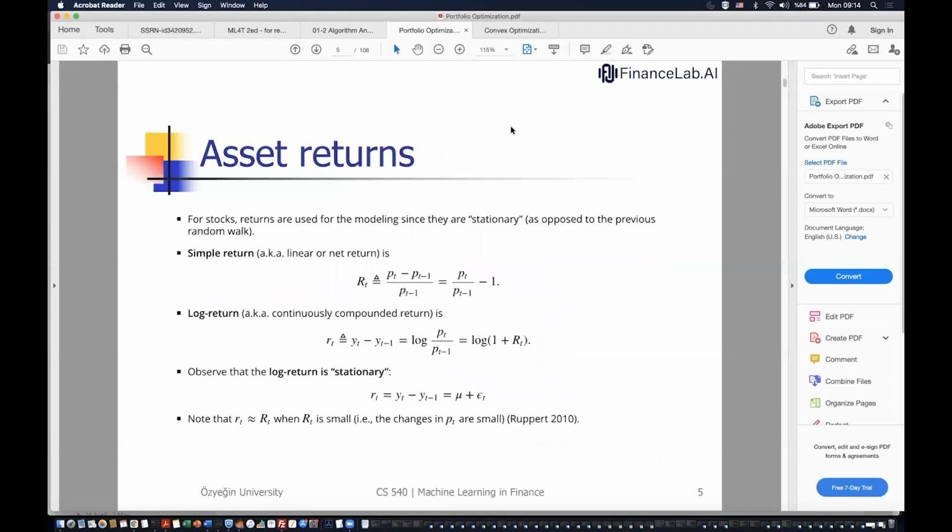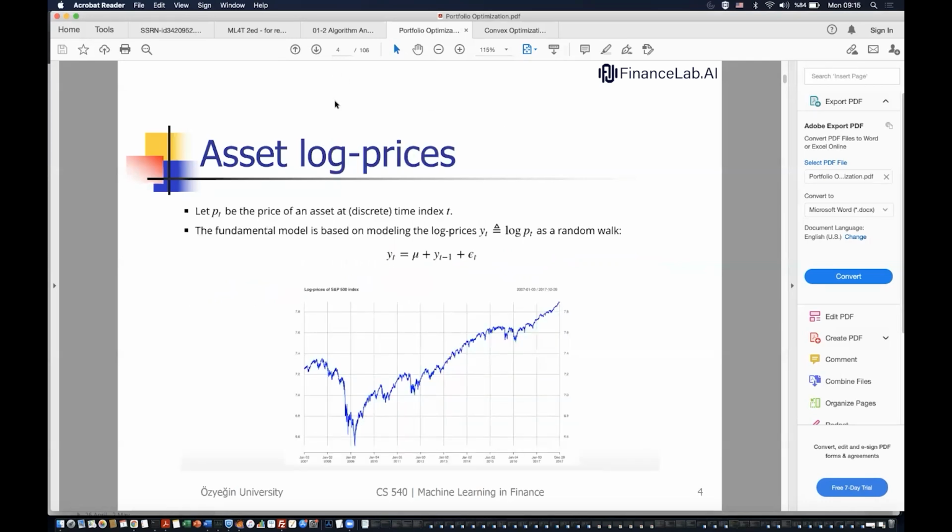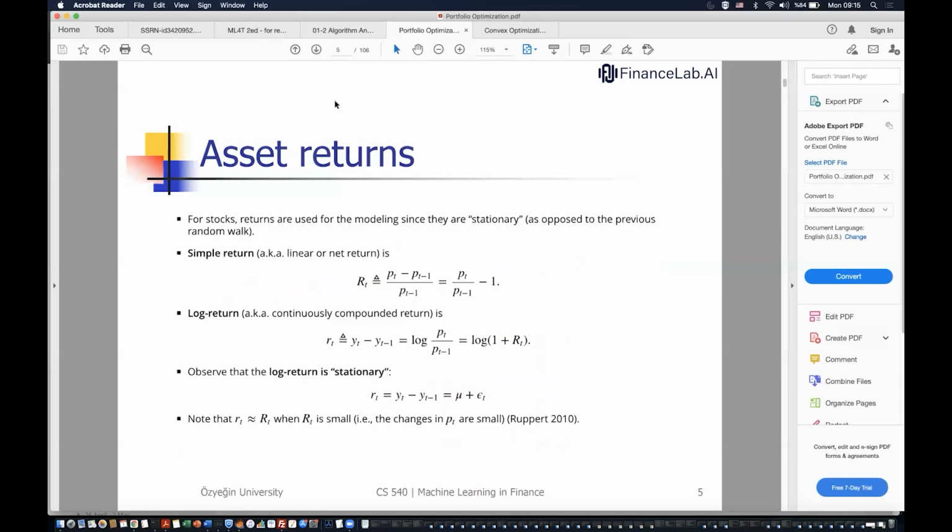Again, for stocks, in many cases we use the returns to model. So there are two things to model. First, we can use prices to model our time series. And the second is we can use the returns for our purposes. The returns are used for modeling because they are kind of stationary.